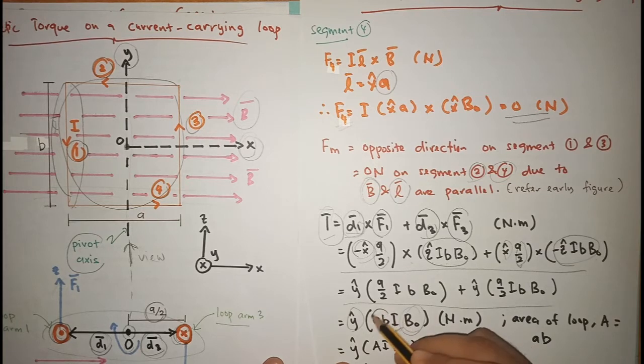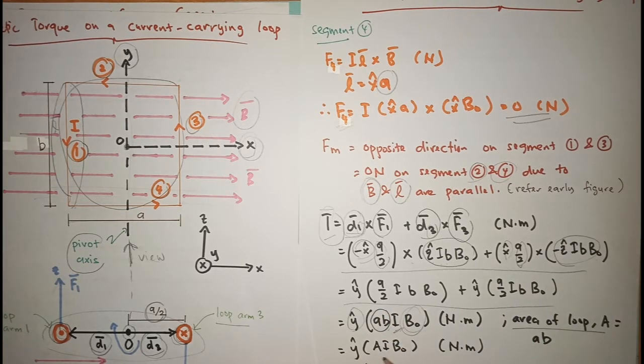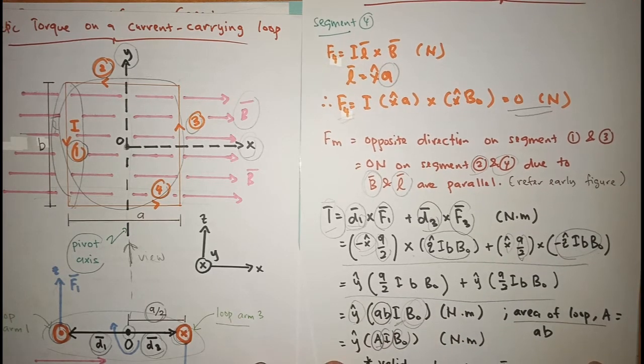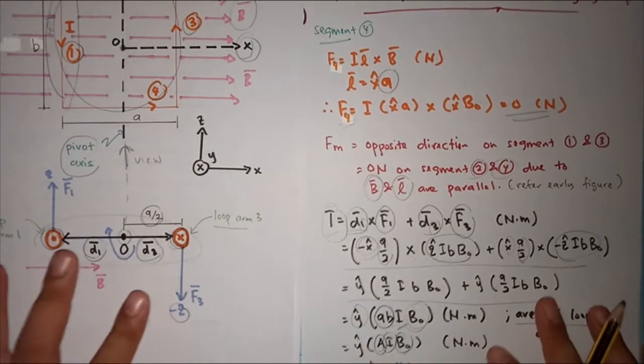Considering that this operation results in the area of the loop, we have y cap times A, the area of the loop, multiplied by the current and the magnitude of the magnetic flux density.